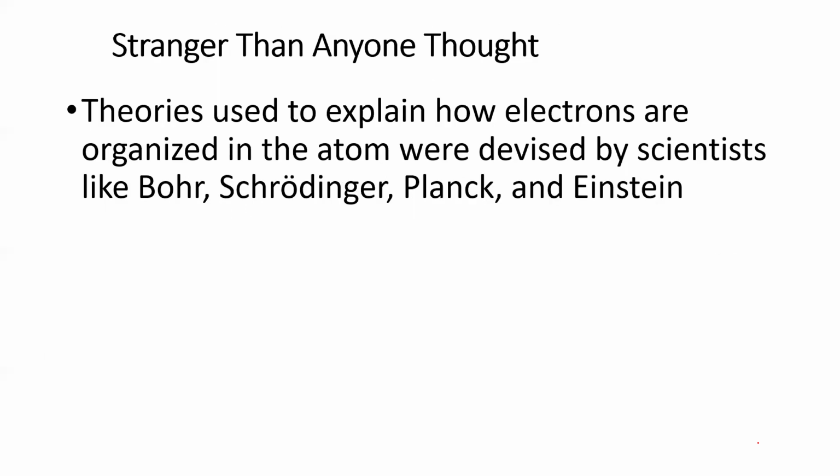So to develop a further understanding of electrons and atoms, quantum mechanics was developed. The theories of quantum mechanics used to explain electrons were devised by scientists you may be familiar with: Bohr, Schrodinger, Planck, and Einstein. Just to show how challenging it was even for the people who devised it to bridge the microscopic level to the classical macroscopic world, I put a few quotes here.